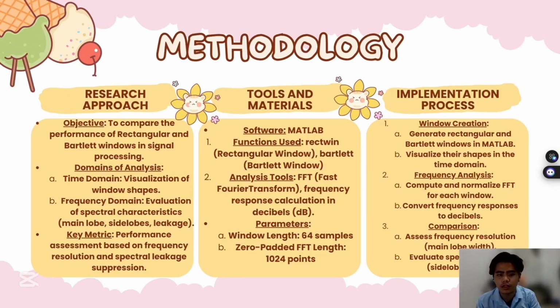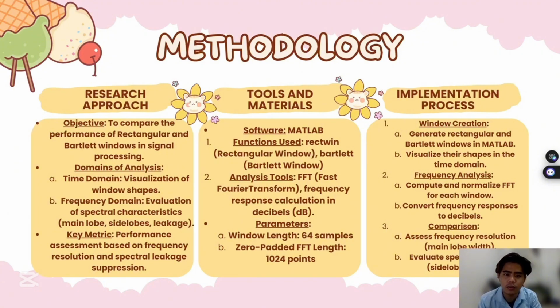There are three: the main lobe, side lobes, and the leakage. The key metrics for the performance assessment are based on the frequency resolution and the spectral leakage separation.